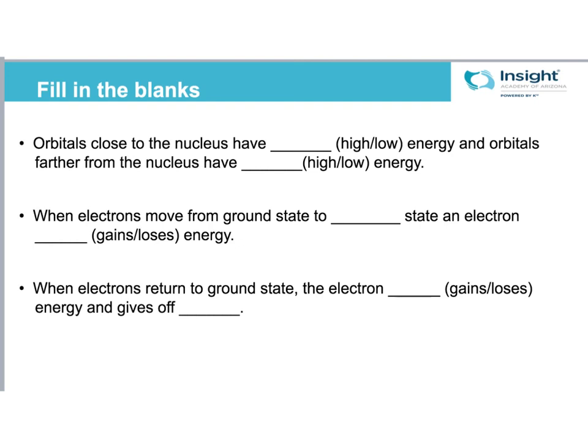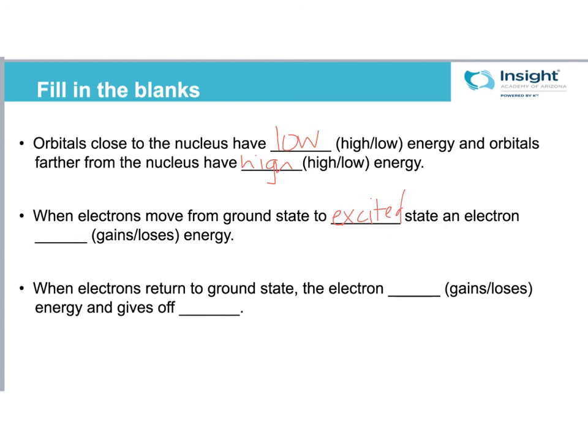So orbitals close to the nucleus, they want to be there, so it doesn't take much energy to keep them there. So they have low energy, and orbitals farther from the nucleus have high energy. So when an electron moves from ground state to the other state, our other vocab term, this is excited.